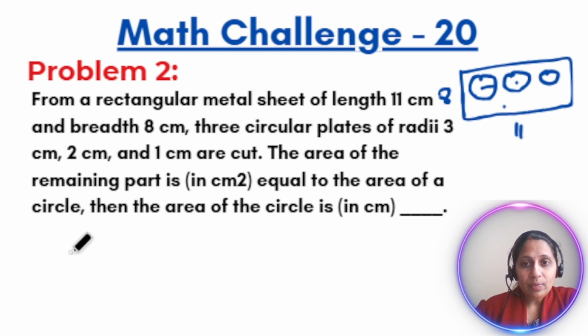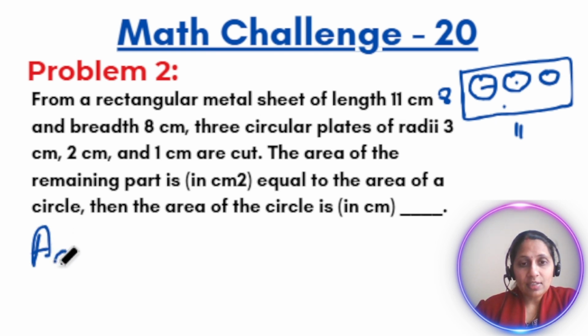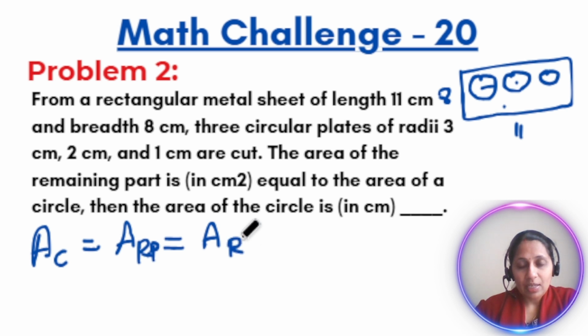The area of the entire rectangle minus the area of the 3 circles gives you the remaining part in the rectangle. So the area of the circle is equal to the area of the remaining part, which is the area of the rectangle minus the area of the 3 circles, right?